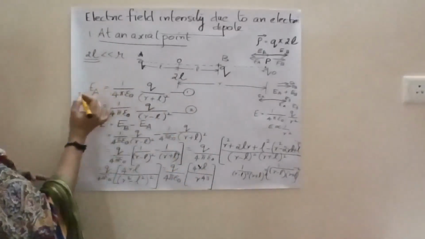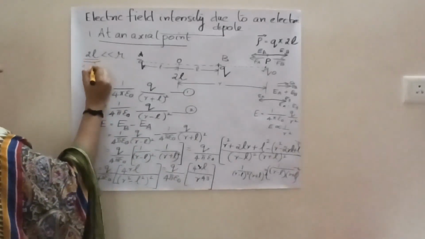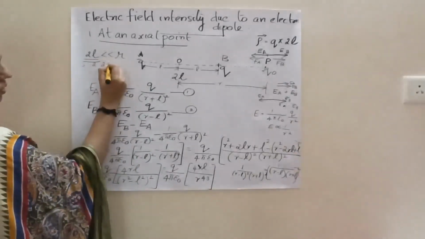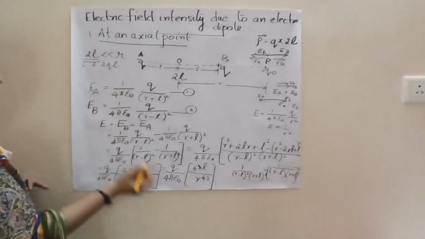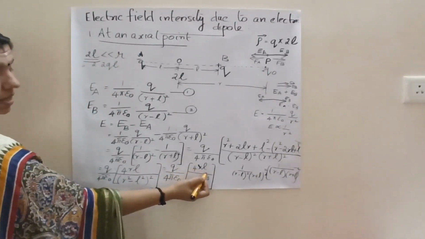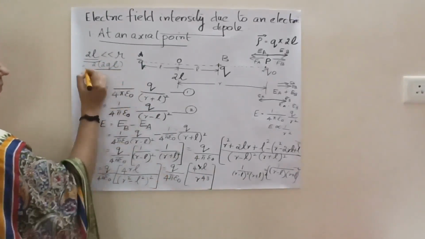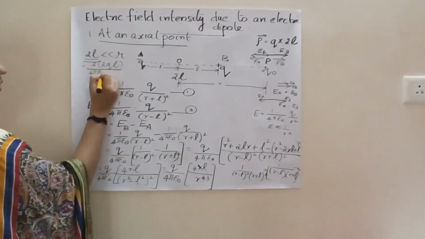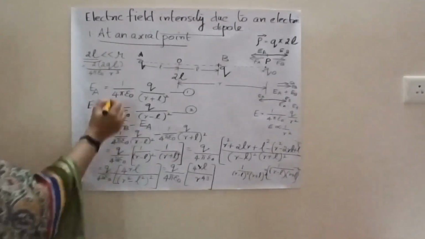I can write in a simplified form, which is equal to 2 into 2QL. This is what? 4QL, right? So 2 into 2QL divided by 4 pi epsilon naught r cube. Now, what is 2QL?